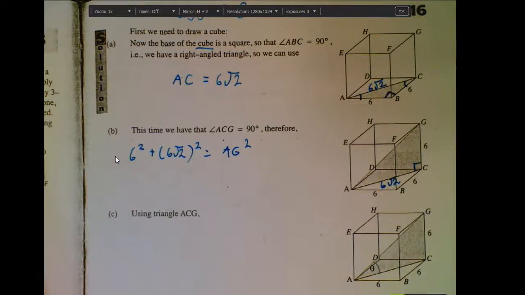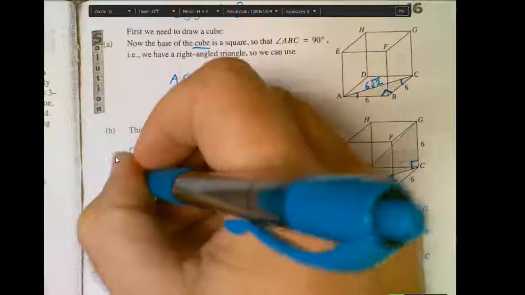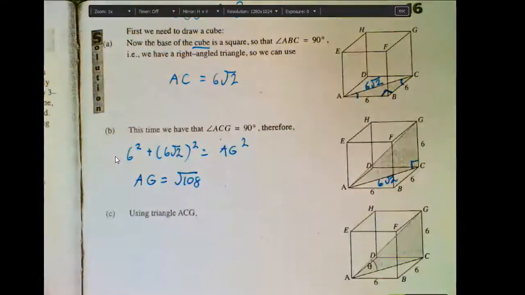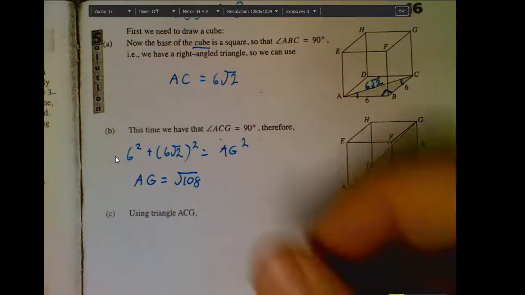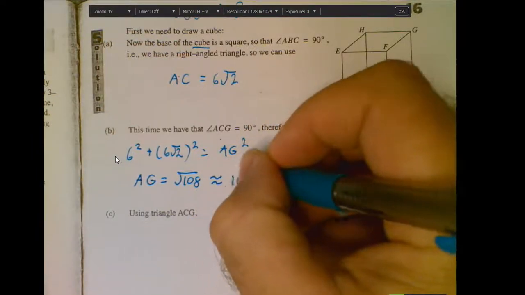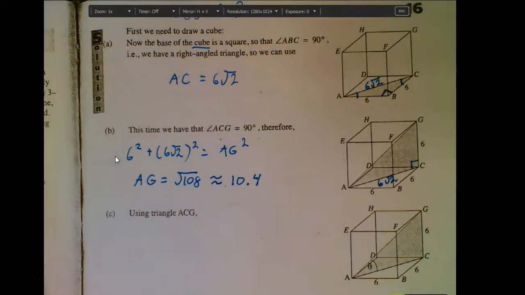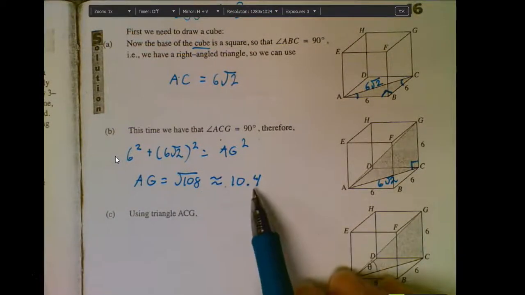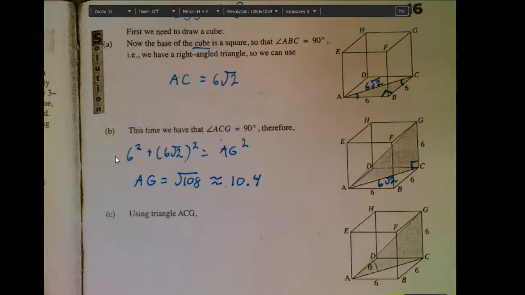If we do a little simplified cleanup on that, we're going to find that AG is the square root of 108. Obviously we could leave that as a radical, or we could do a little rounding to 3 sig figs. It just depends on what the problem may ask us for. Remember, on a test, either exact or 3 sig figs are accepted unless the directions say otherwise.